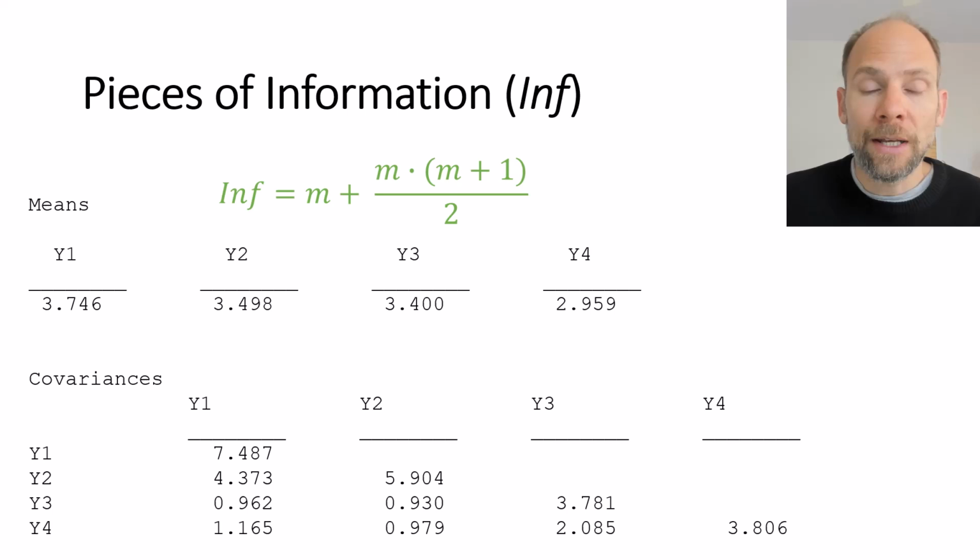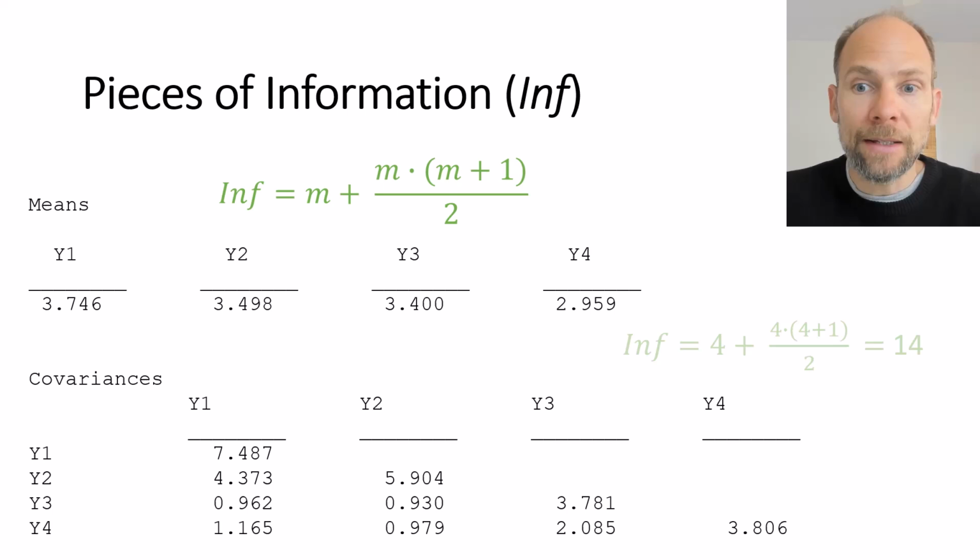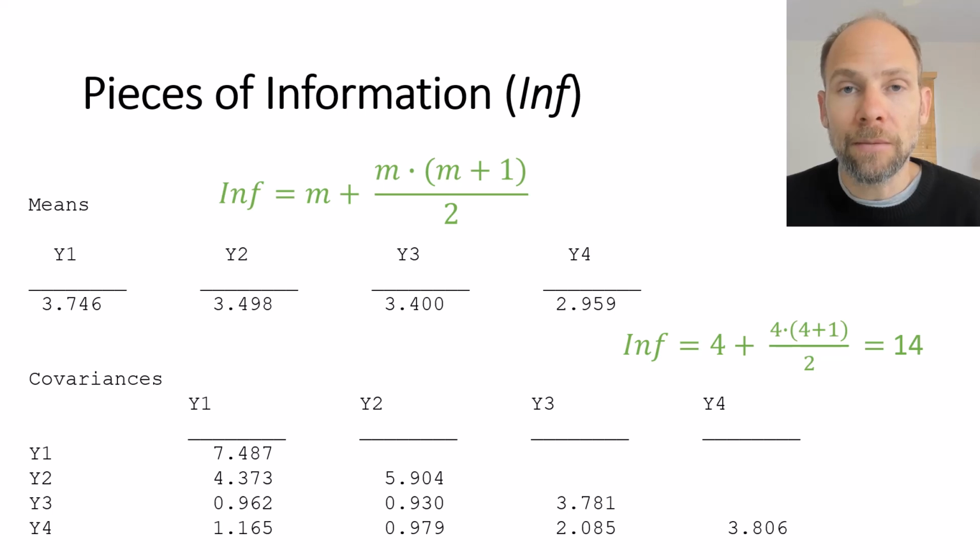That's because there are M means, so that's the M plus before the fraction, and then the fraction itself represents the variances and covariances. In our example, we have 4 variables, so we have 4 plus 4 times 4 plus 1 is 5 divided by 2 would be 10, so 4 plus 10 is 14 pieces of information that we can use.